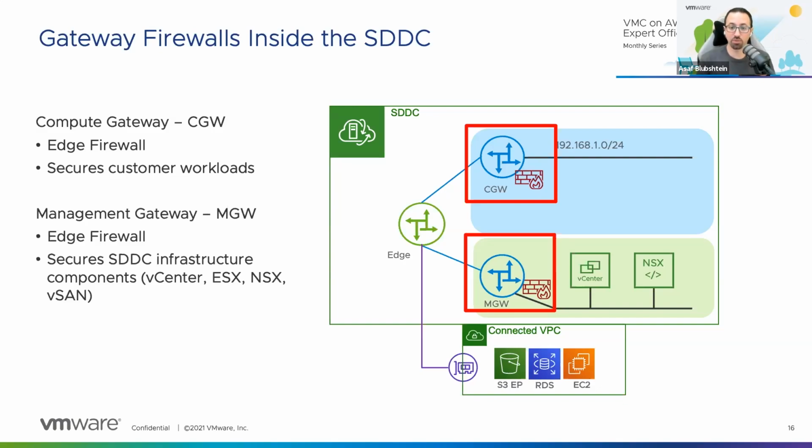While we manage the vCenter and all of the management workloads, it is still something that the owner of the SDDC needs to make sure that access to that vCenter is controlled, to make sure that we don't have unauthorized access to vCenter. And we can move to the next slide.